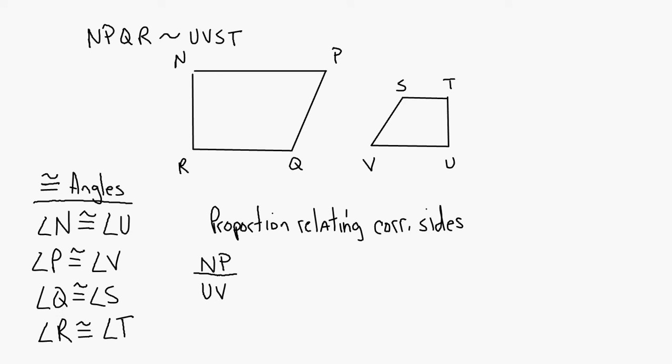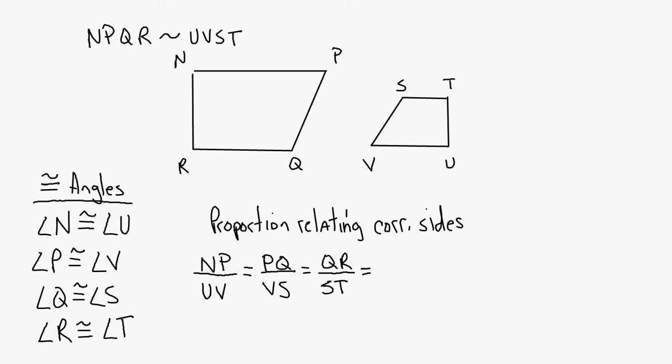And we're going to make that equal to side PQ in the numerator, and what goes in the denominator? VS. Which is equal to side QR. Denominator for QR? ST, very good.